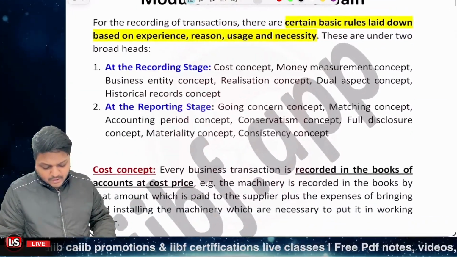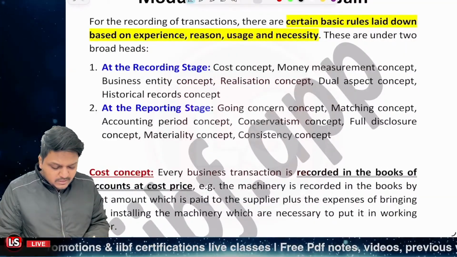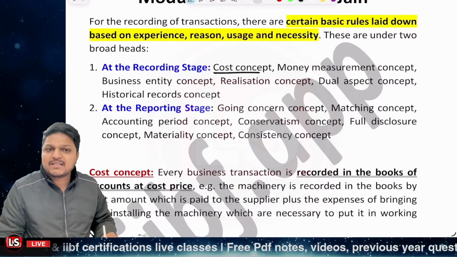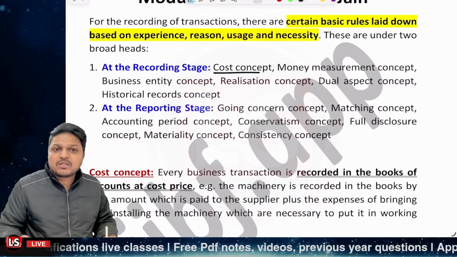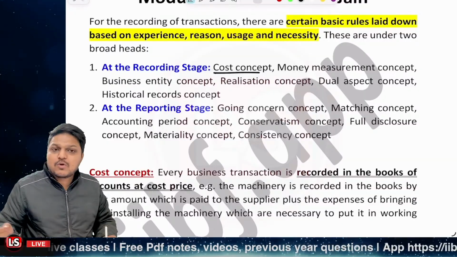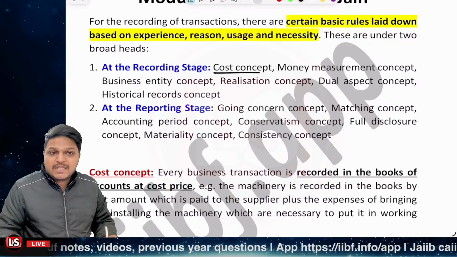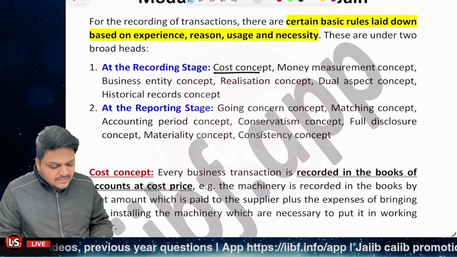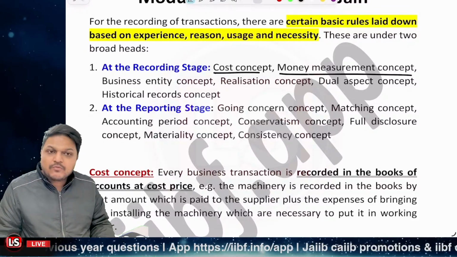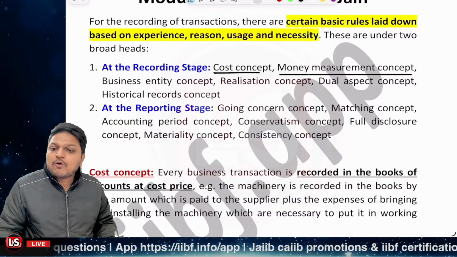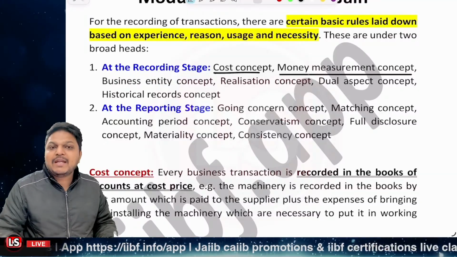At the recording stage, we deal with the cost concept. In very short, cost concept means that we have to record the value of assets at the cost price at which the assets have been acquired. Money measurement concept: only those entries are to be recorded which are in monetary form.